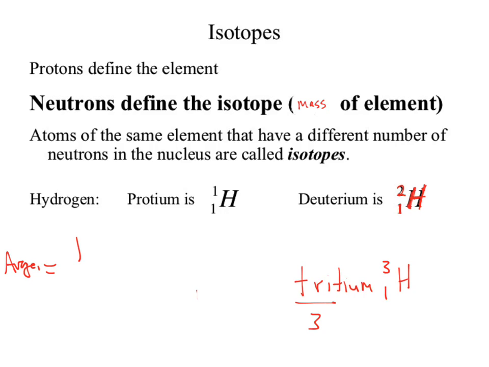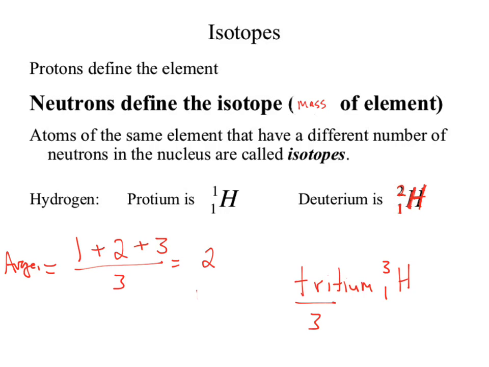That says average. 1 plus 2 because deuterium has a mass of 2, right? Plus 3 because tritium has a mass of 3. And now what do I do? Over 3. Why 3? Because there's 3 numbers. There were 3 pieces. Okay. What mass do I get? 6 over 3 is 2.